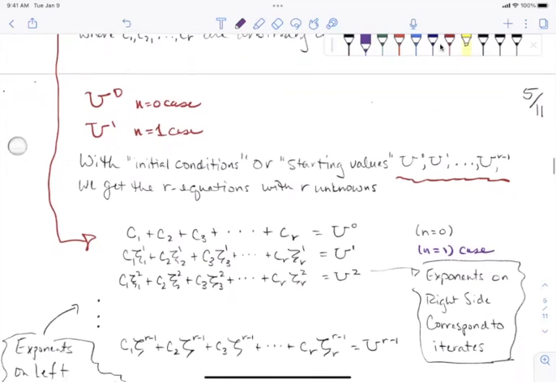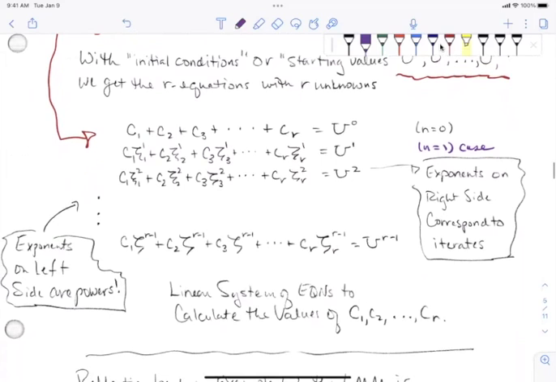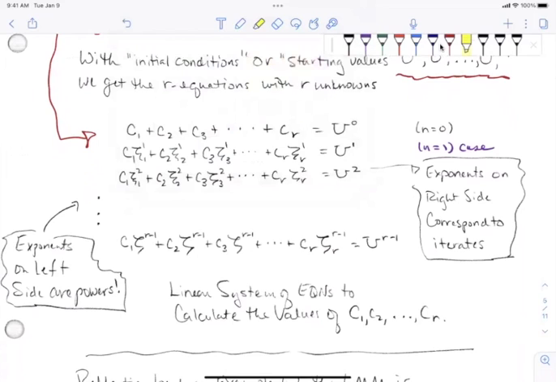All right, so again, you're in this situation where on the left side, those exponents are actual powers, right? These are standard exponents that you know about from algebra class. Over here on the other side, these exponents are your iterates.